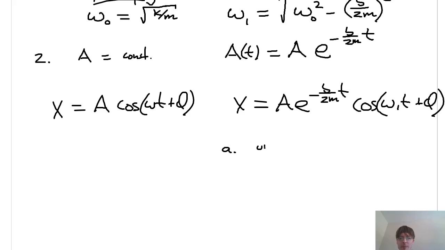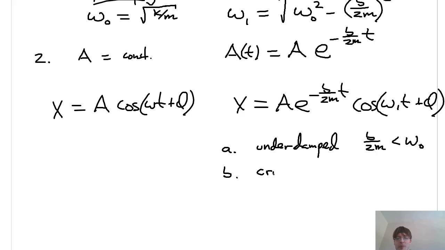There's what's called underdamped, which means there's not too much damping at all. Underdamped is when b over 2m is smaller than omega naught. It does vibrate, it decays, but there is vibration present.